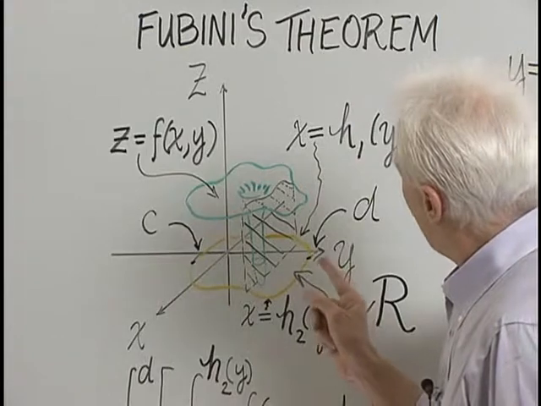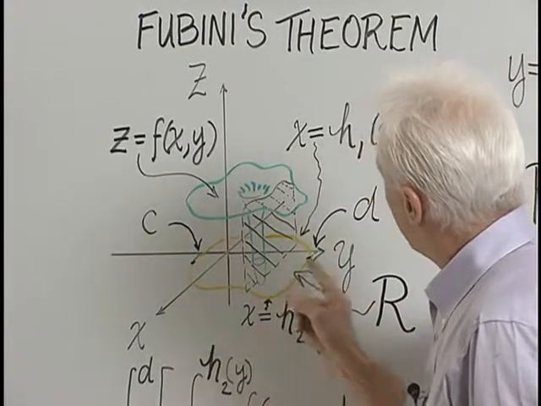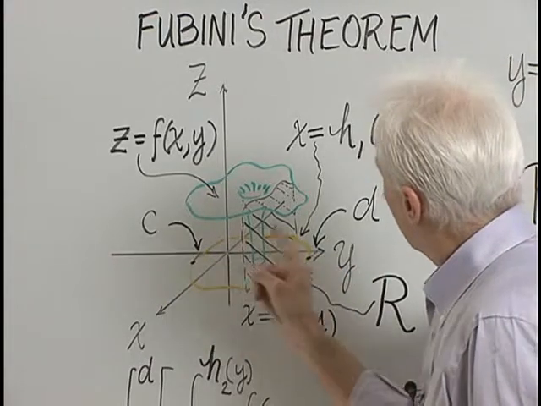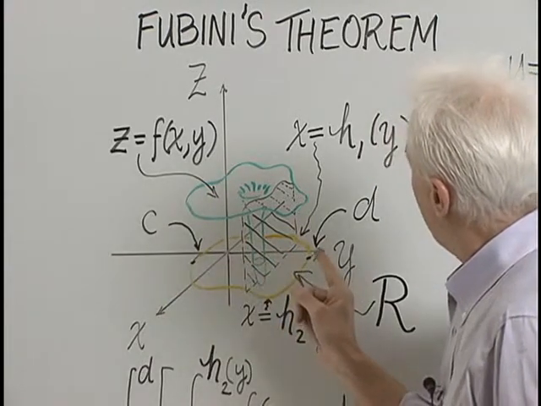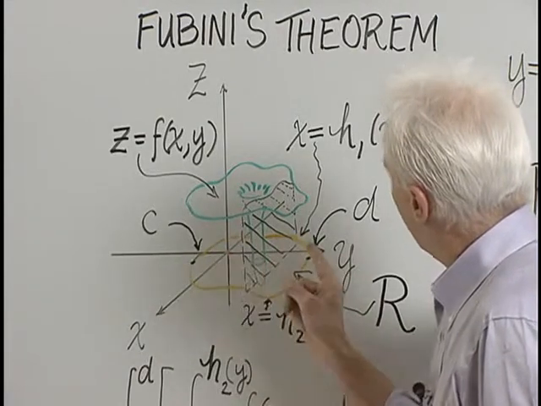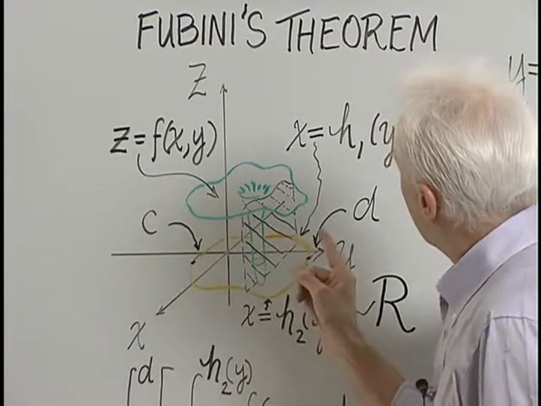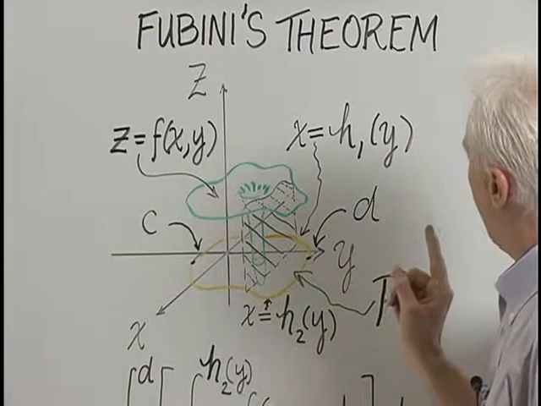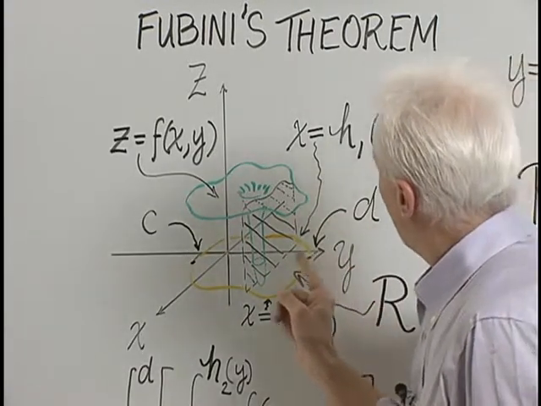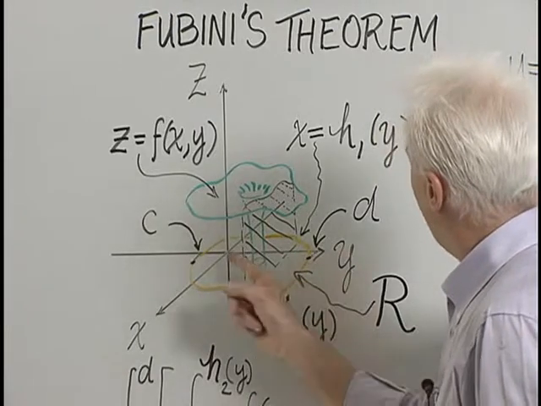And in order to describe that, what I have to do is look at the boundary of the region and describe that with curves. Now, the best way to do this in optimal situations is where those curves can be themselves described as graphs of functions. In that case, we say the region is simple with respect to y, or y simple.